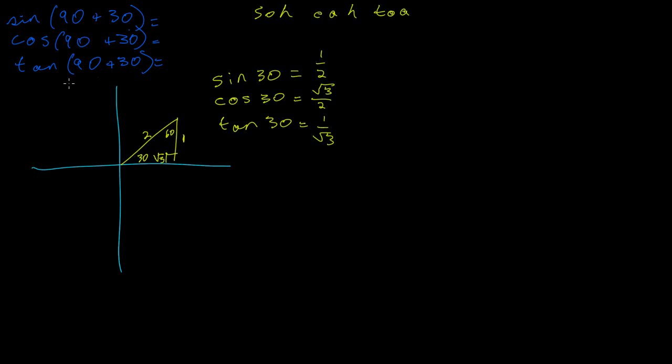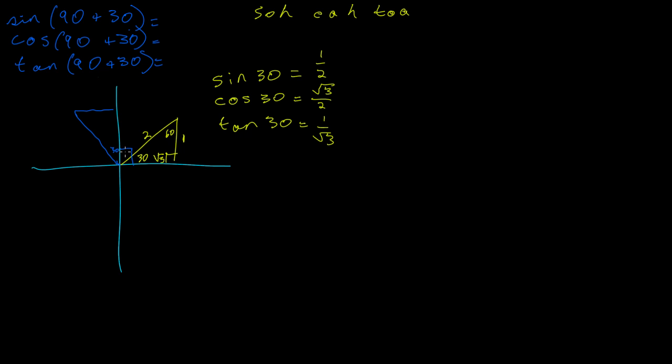Well, what is 90 plus 30? That's 120, right? And so if we basically had to move this triangle up 90 degrees, we would get something that looks like this. And what's this angle? Well, this angle will be 30 degrees, right?